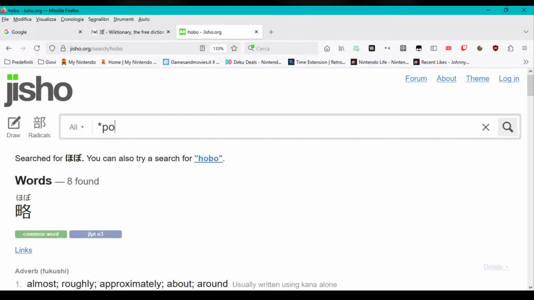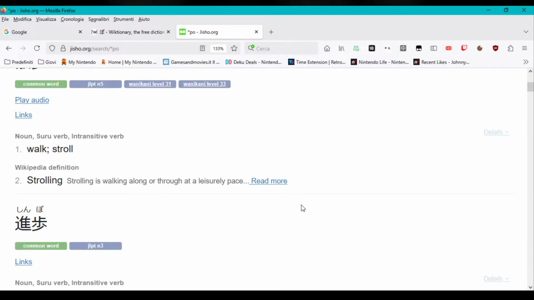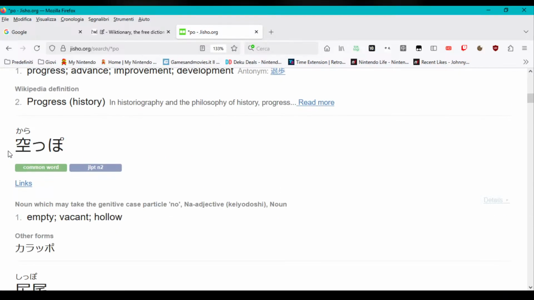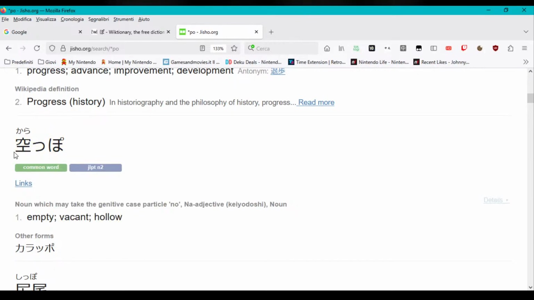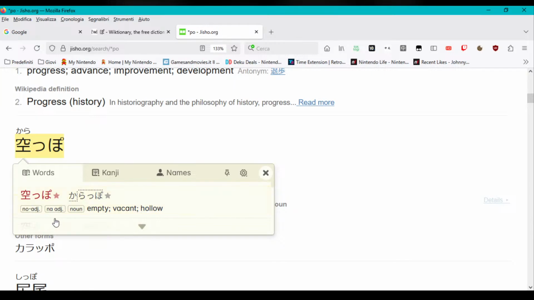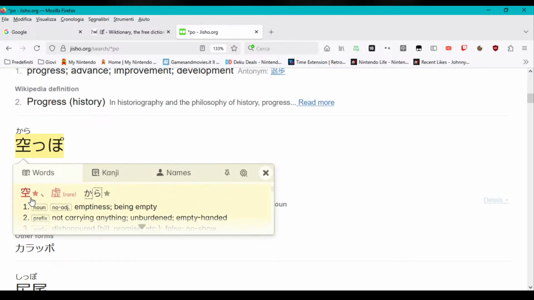Let's see what word we can find for po. Not this one because of usual. Oh yes, this one can be used. Karappo. Karappo, as you can see, is unaccented. It's the word with the kanji on its own, kara, in this case accented on the last one.